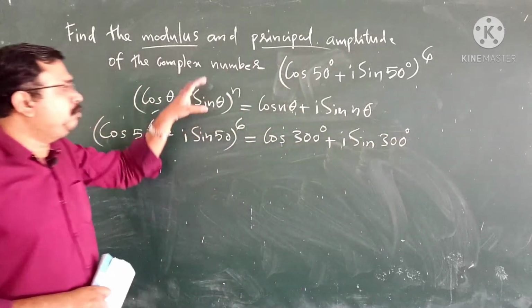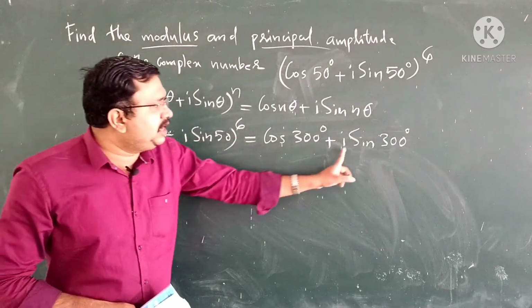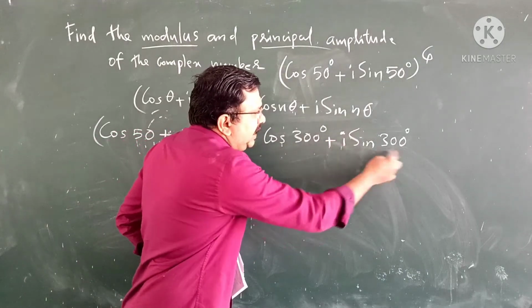We are applying De Moivre's theorem: 6 into 50 is 300.